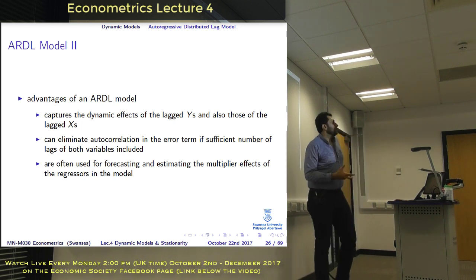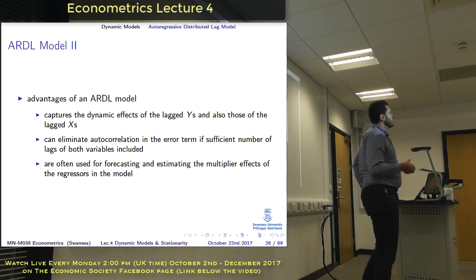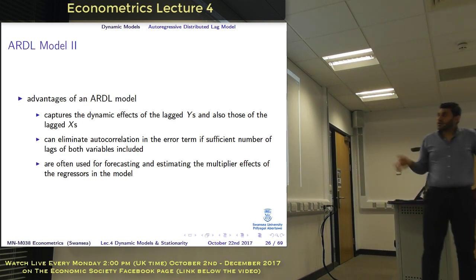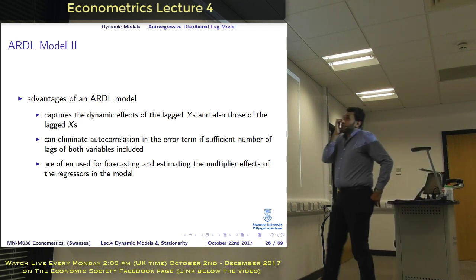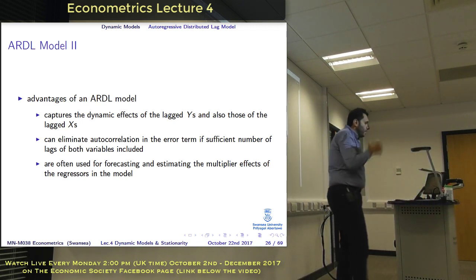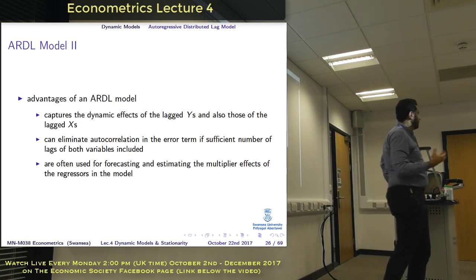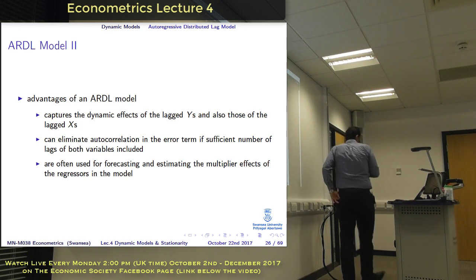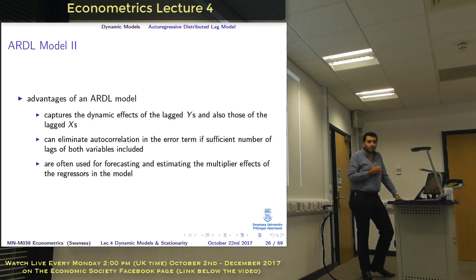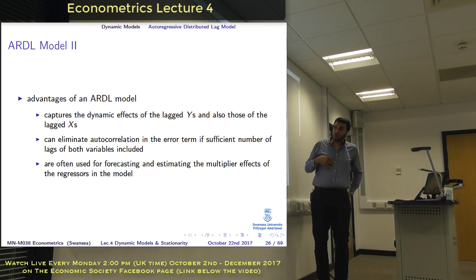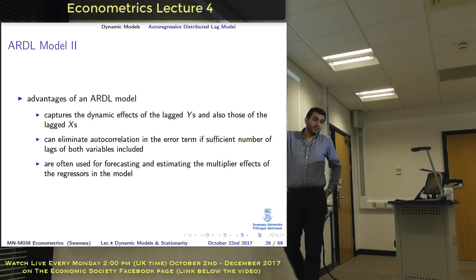Why would we combine these both together? So first of all, we start with the distributed lag model. We say there are problems estimating this, and then we learn how to transform this into an AR model, but now we are looking at a model where we have both together, the autoregressive part and the distributed lag part. So basically this model has some advantages. It captures the dynamic effects of the lagged Y's and also those of the lagged X's.